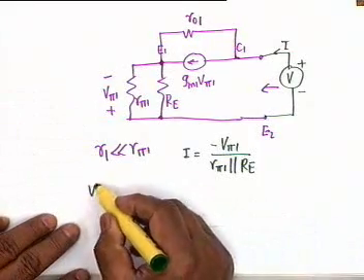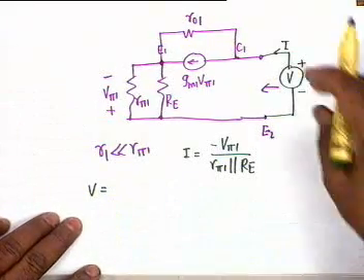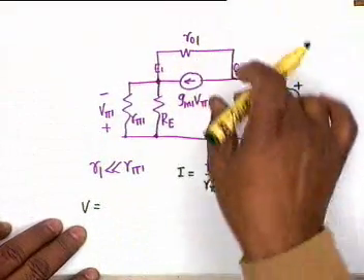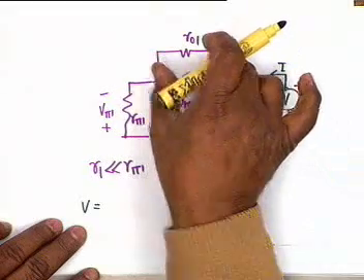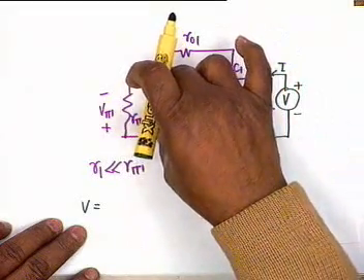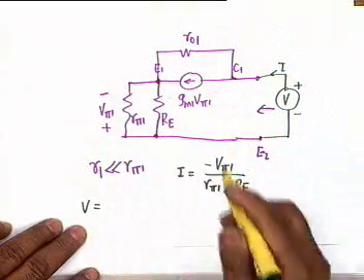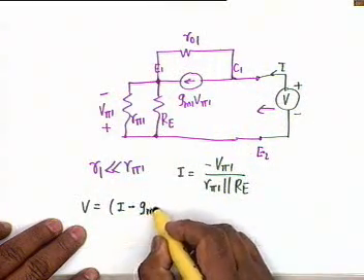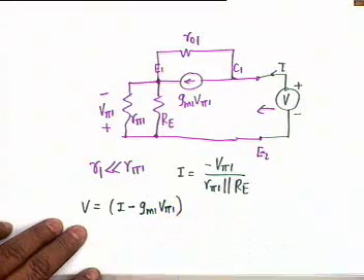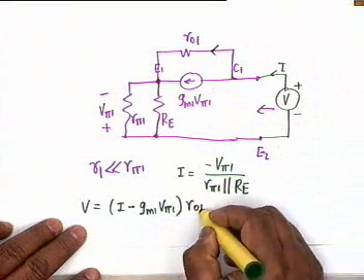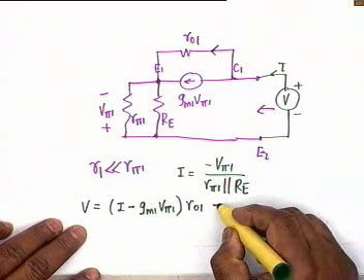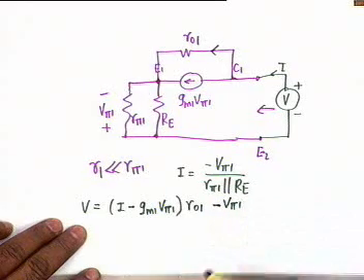And if we write the KVL, V would be equal to the drop in R01 plus the drop in RE parallel R pi. Therefore, V is I minus GM1 V pi 1, this is the current through R01, multiplied by R01, then minus V pi 1. Is that okay?